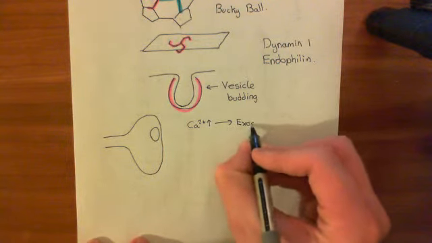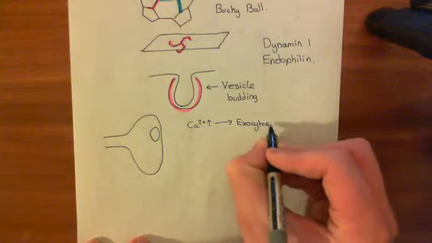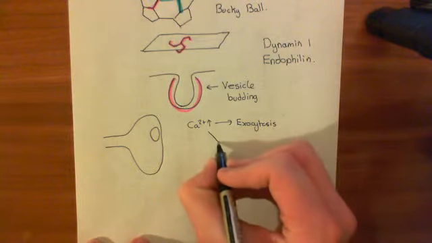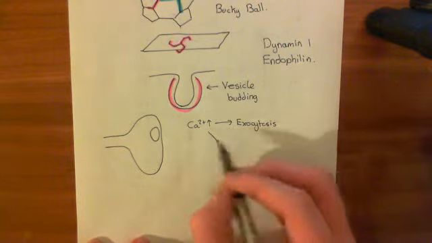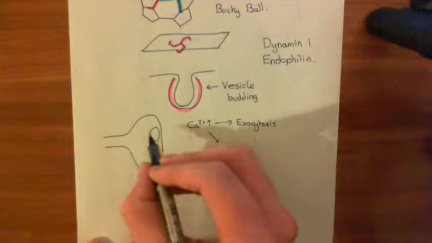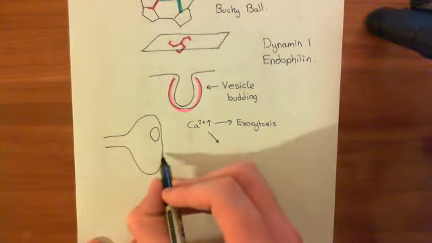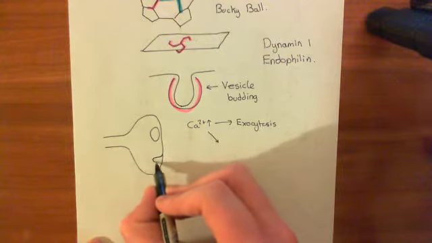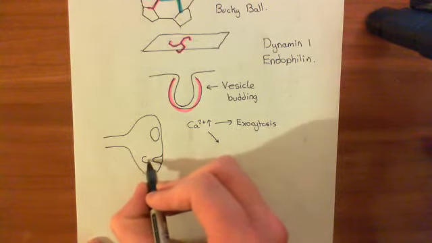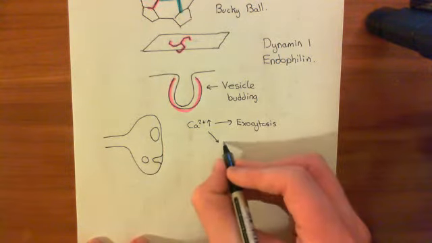However, it also produces endocytosis. When the calcium goes up, it also triggers the beginning of endocytosis. So it will trigger vesicles to actually be pinched off, and it will trigger the endocytosis process.